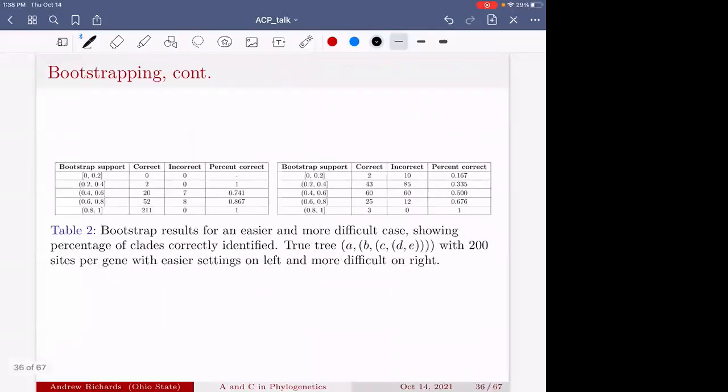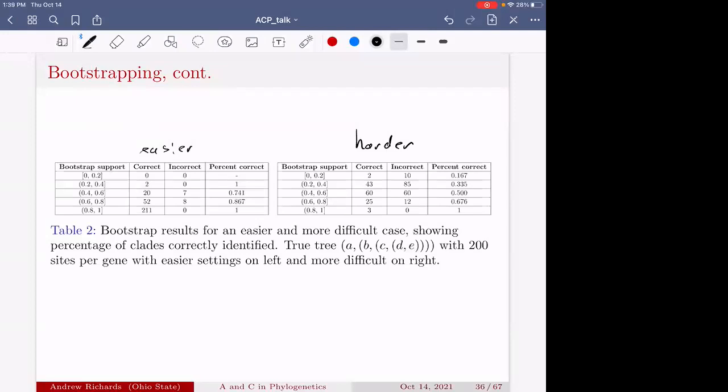And then we did the same thing in the other direction, where we said, given the bootstrap support, how often did I infer the correct split? And again, over here is the easier case, and over here is the harder case. What we can show is that at no time was the bootstrap support higher on average than your actual probability of getting the split correctly.